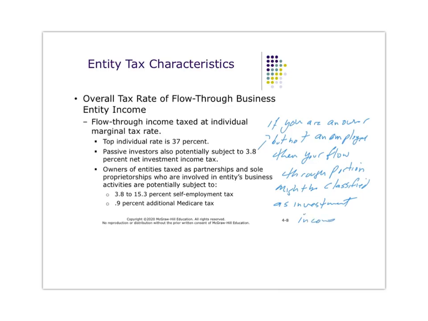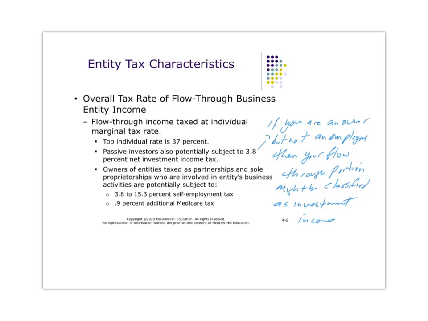What it might mean is that if you are an owner but not an employee of an LLC, for example, then your flow-through portion might be classified as investment income. So you have to be careful about what your role is.